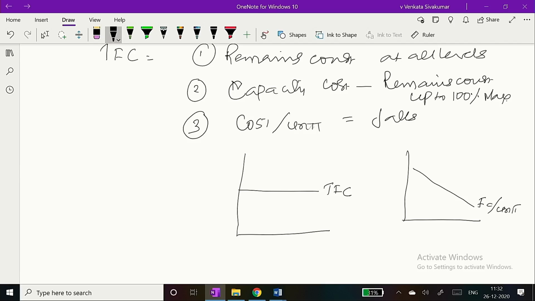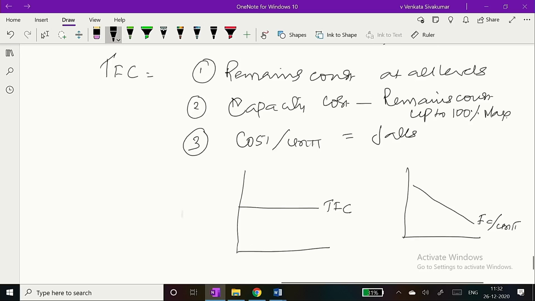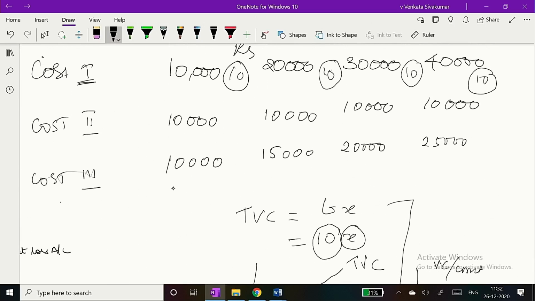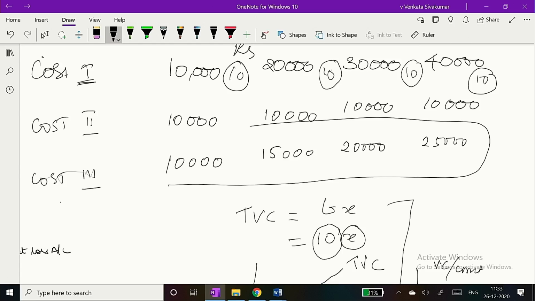And now I hope you understand. We go to this important one. This is cost type number 3. You will observe that both total cost is changing and cost per unit also is changing.